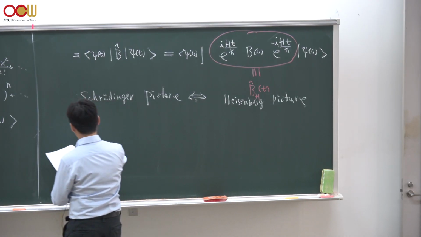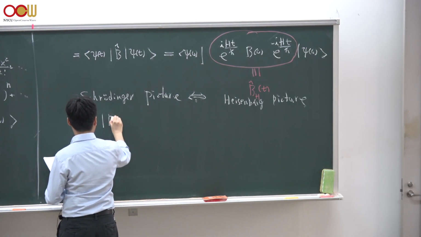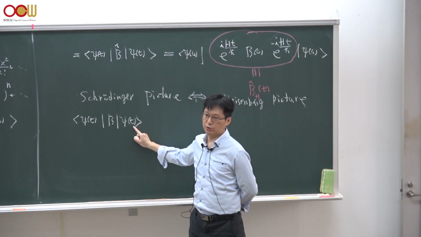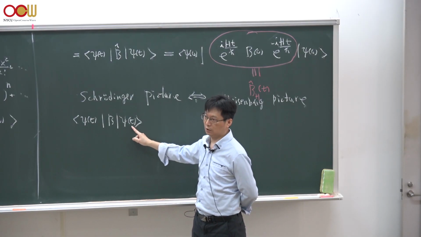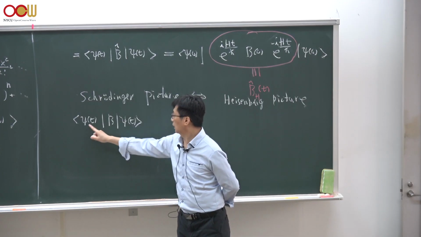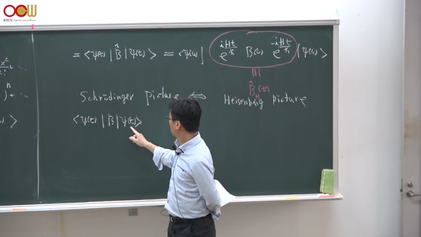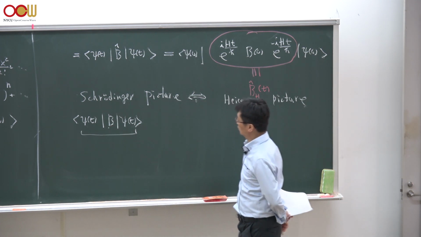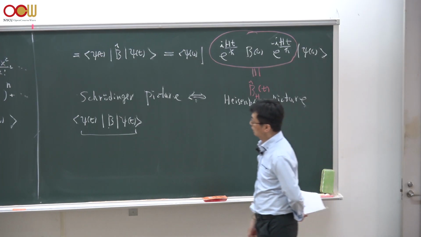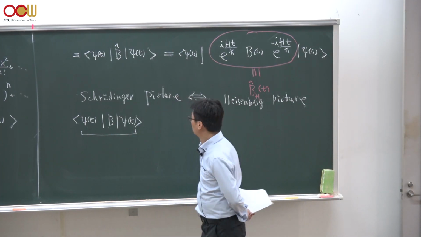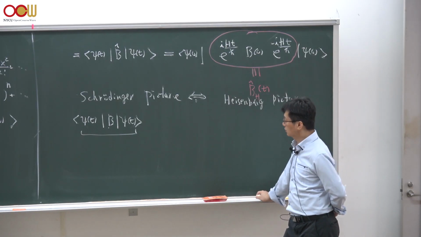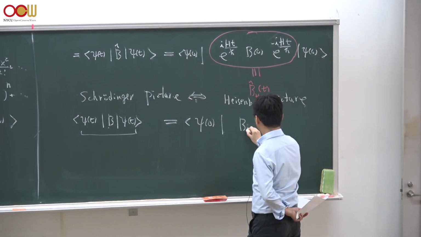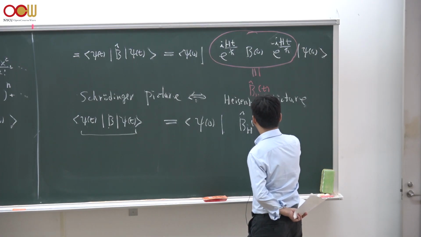In the Schrödinger picture, we consider this matrix element in which we time-evolve the Schrödinger states from psi of 0 to psi of t, and we sandwich the operator B between these time-evolved states, and we calculate this expectation value of the B operator sandwiched by psi of t on the left and right side. But this matrix element is the same as when we don't time-evolve the states, but we time-evolve the operator.